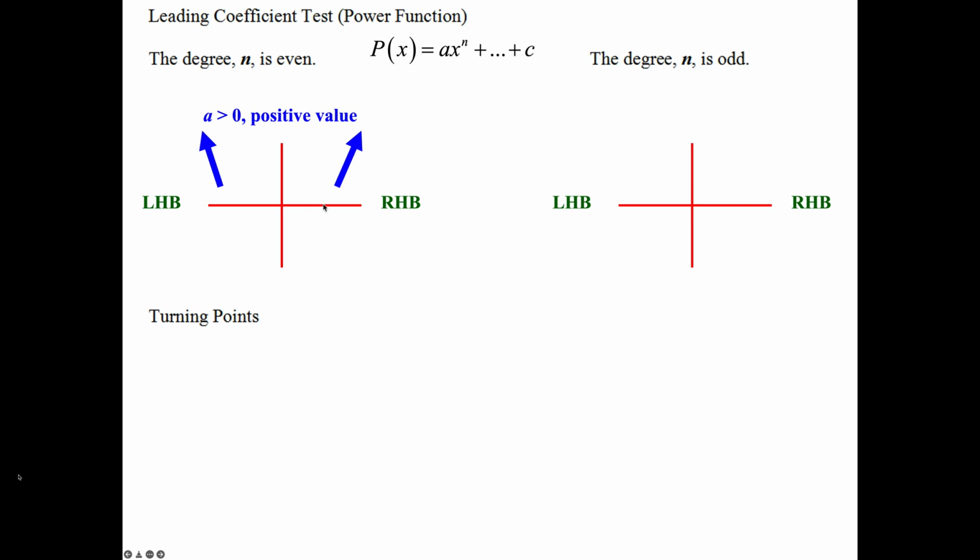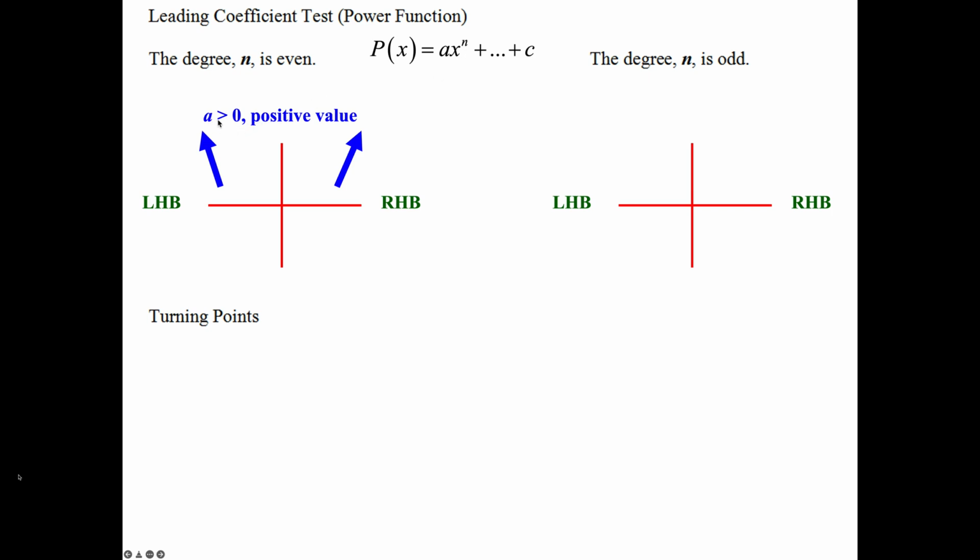And of course, as we go out to positive infinity to the right, our x's are positive, so positives raised to an even power, still positive. Now, if your a is positive, then we're always going to be going up. Think of a parabola, if you will. All right? X to the second power, a is positive, it opens up. That would be true if it's x to the fourth, x to the sixth, x to the eighth.